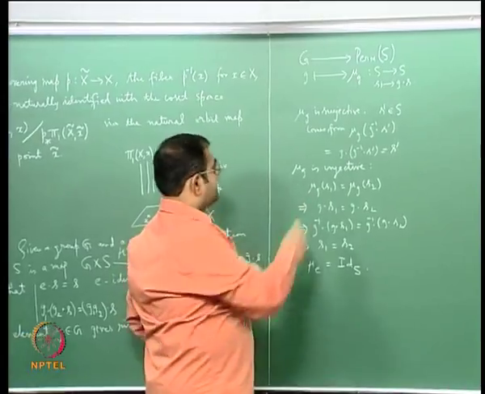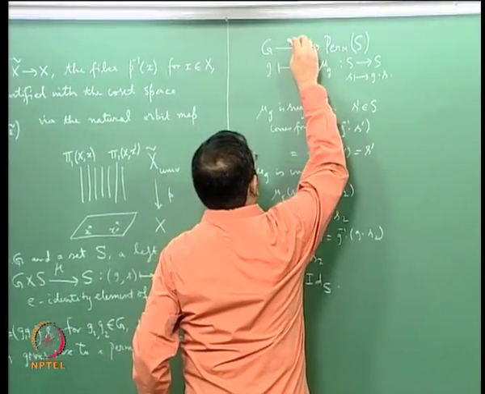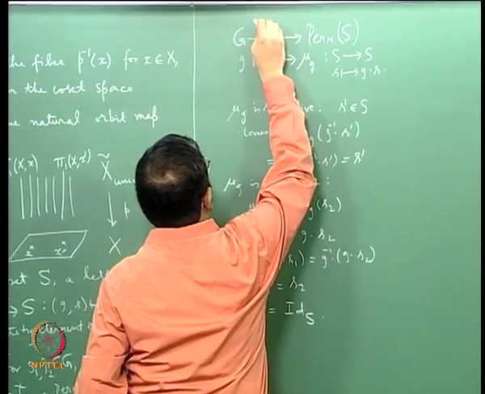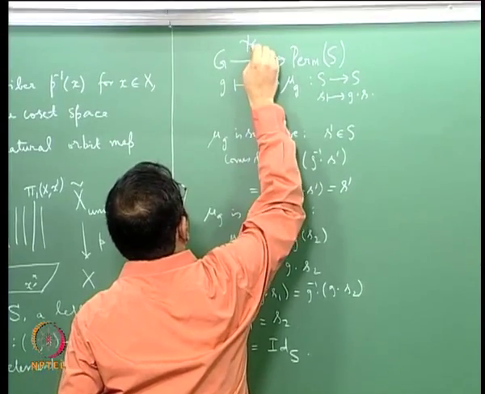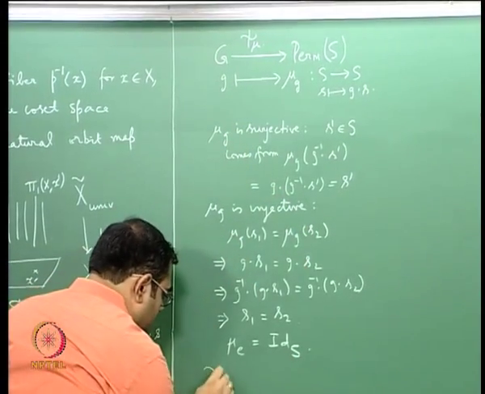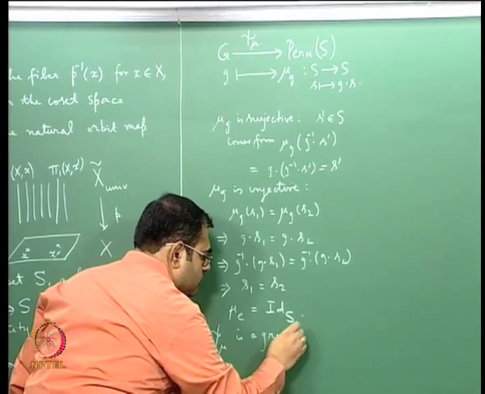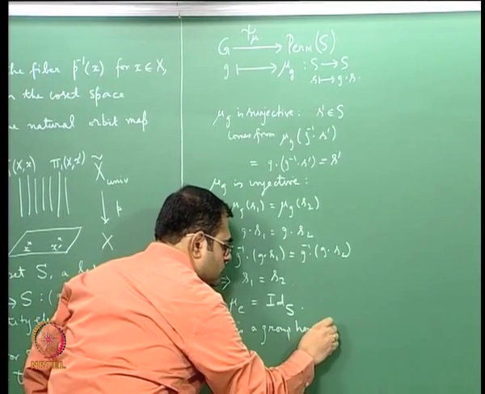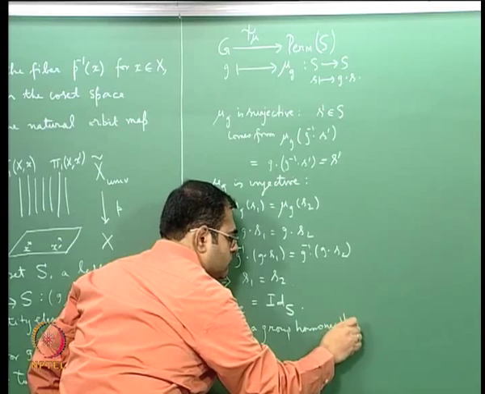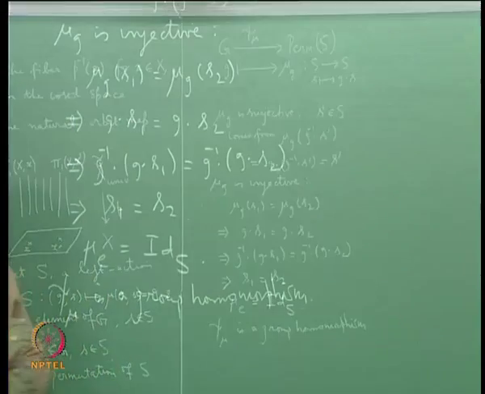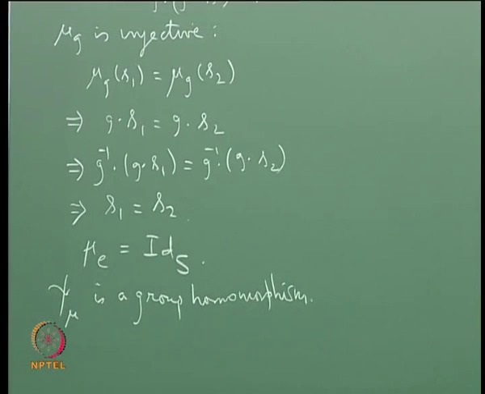Maybe I will call this psi sub mu. Psi sub mu is a group homomorphism.